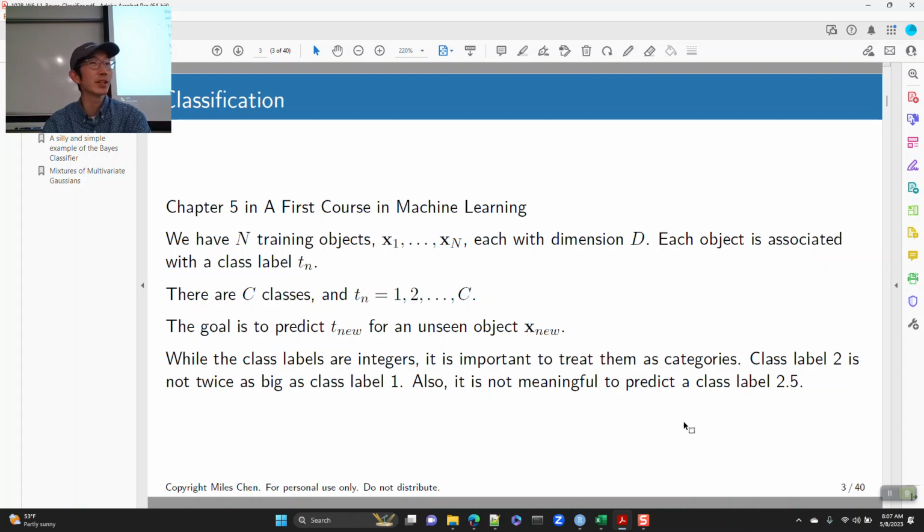If you have a numeric output with only one node and you're going to predict 0 through 9, and the true value is 8, you predict a 7 versus a 2, the 7 is less wrong than the 2. That makes sense if you're trying to predict something like how much money you have.